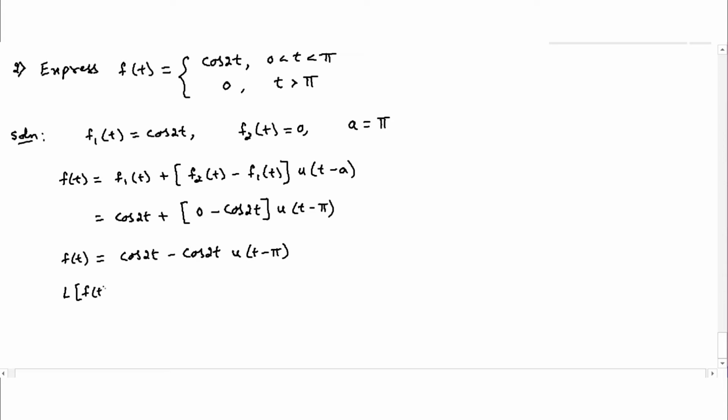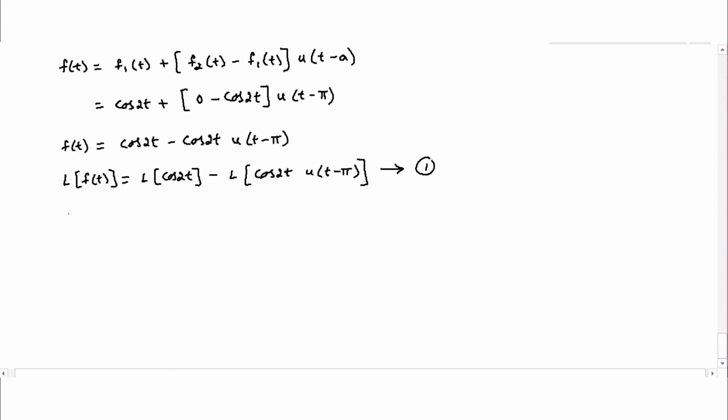Laplace transform of f of t is equal to, apply the Laplace transform for the first term as well as for the second term. Right, let us take this as equation number 1. So I need to find out the Laplace transform of the first and the second term individually. So let us find out the Laplace transform of cos 2t first.